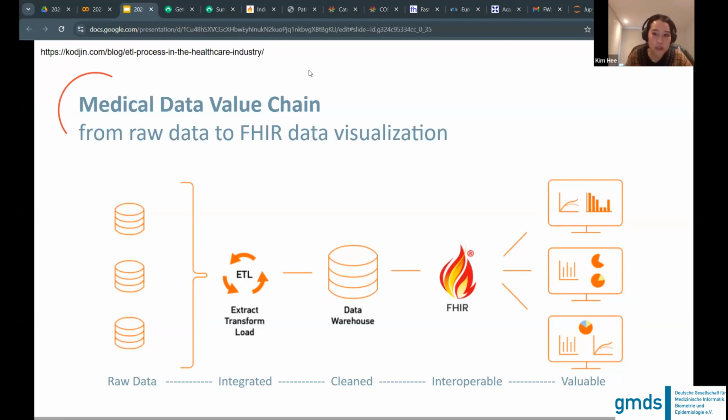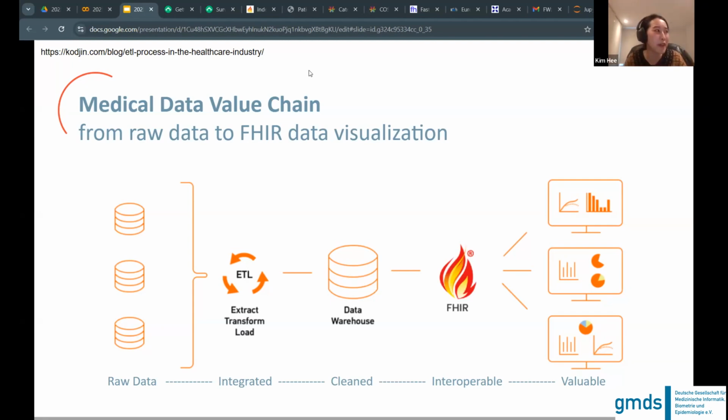You can, of course, visualize data from the third step, from the data warehouse, but the data visualization solution cannot be scaled out to other hospitals. When you visualize data based on the FHIR structure, it means your solution can be deployed to any hospital that operates a FHIR server.